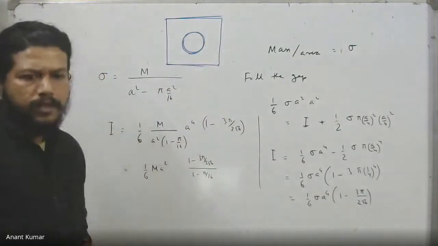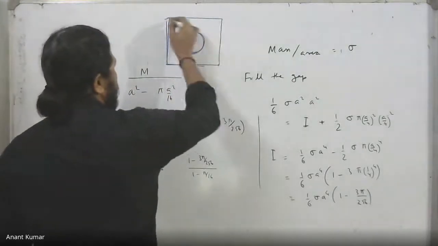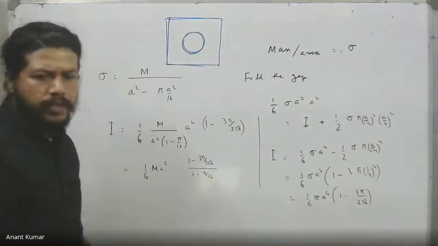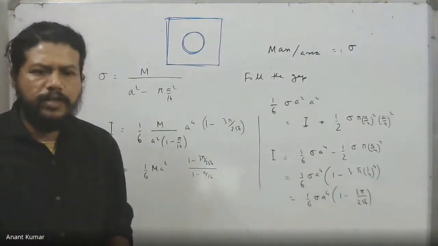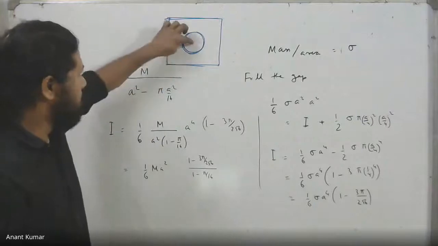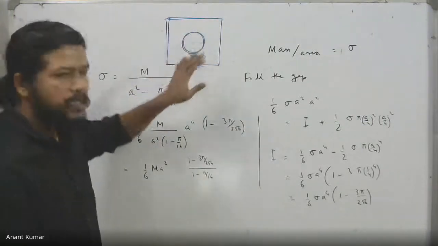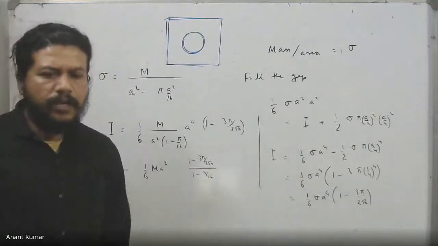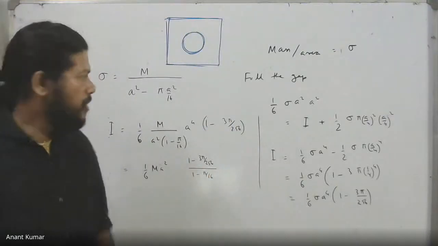If I fill the gap, it becomes a complete square plate. As a result, if I assume the moment of inertia right now to be I, then if I add the moment of inertia of this disk, I should get the moment of inertia of the entire square plate, the full square plate. This is what I've done in this case.